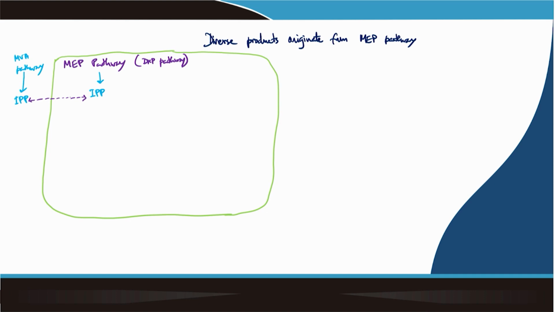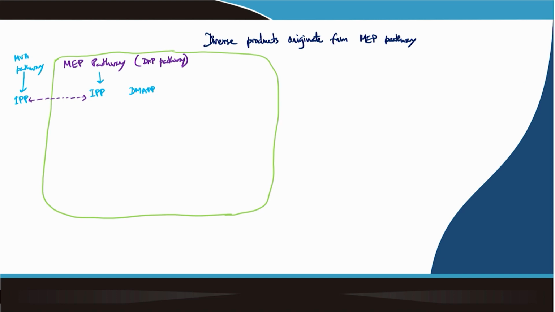And as I said, along with IPP it also produces DMAPP, dimethyl allyl pyrophosphate.